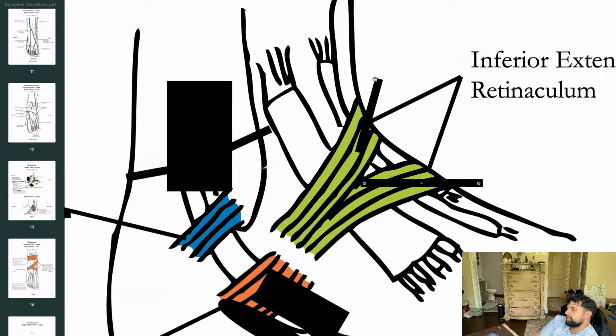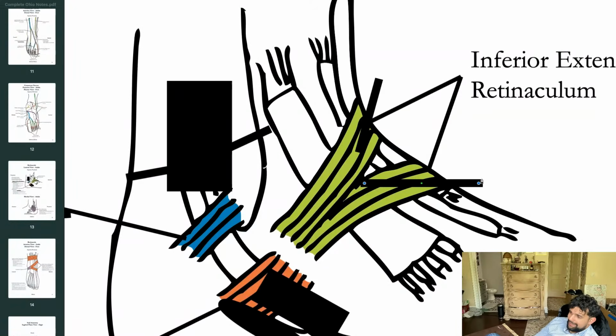This is the superomedial, and this is the inferomedial oblique band of the inferior extensor retinaculum. What passes under the bands is the EHL, extensor hallucis longus, tibialis anterior, the dorsalis pedis, and at that point, it's termed the deep fibular nerve. They're going to pass deep to the bands.